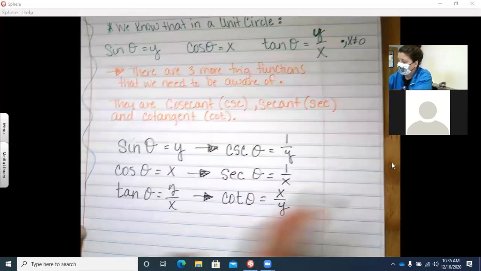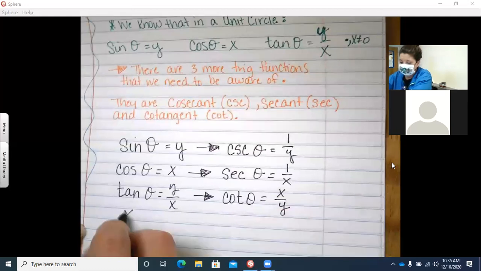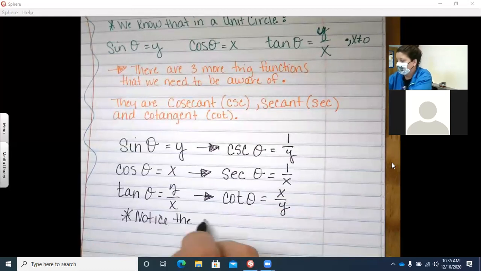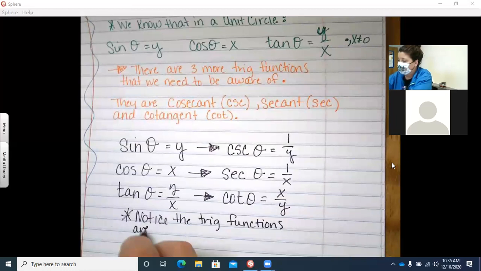Notice the trig functions are reciprocals of each other.